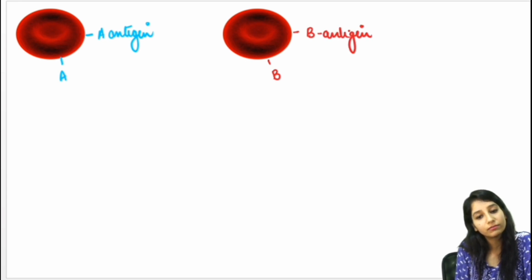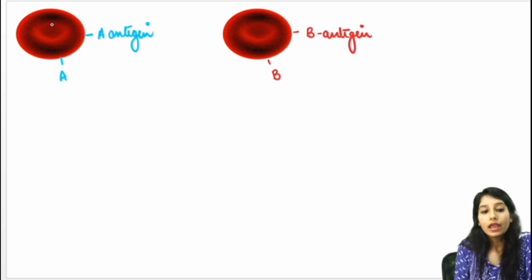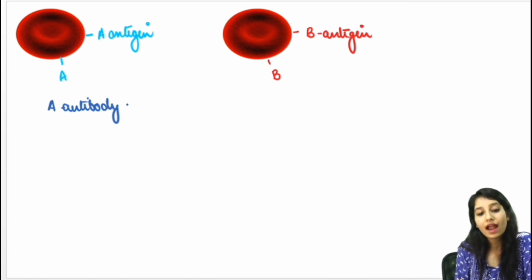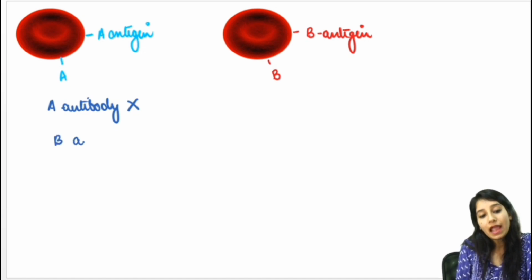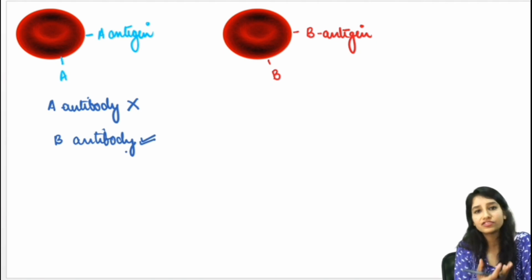In the A person's body, A antibody will not form because A antigens are present in its body. But B antibody will definitely form in its body because B antigens are not normally present in its body.